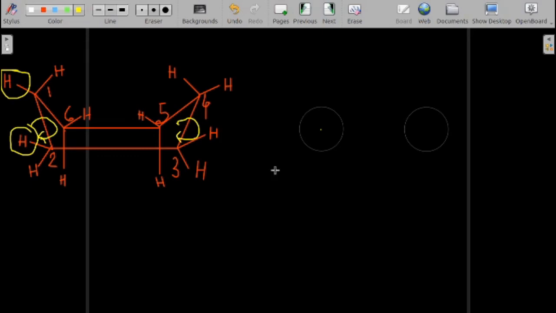If we consider the first carbon, C1, then the hydrogen associated with the C1 carbon is here, the equatorial hydrogen, and this axial hydrogen is at this point.